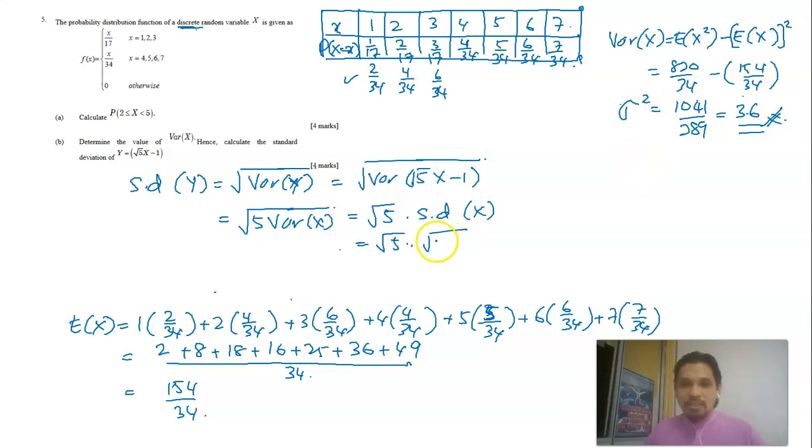So the standard deviation is 5 times square root of 3.6, which is equal to 4.24.